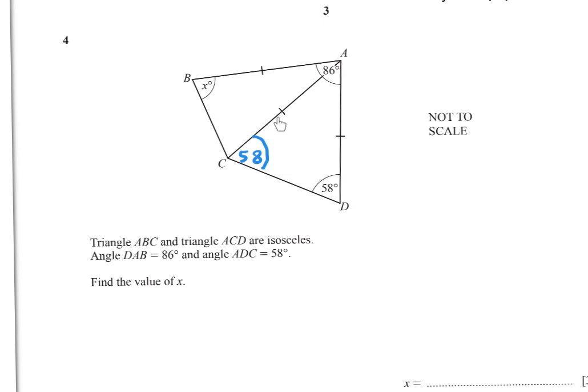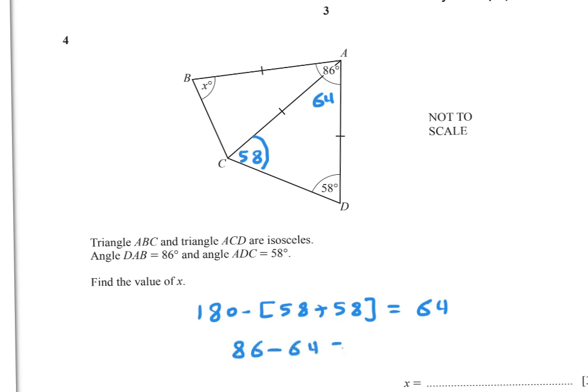Now in this triangle ACD we can find the third angle: 180 minus 58 plus 58 equals 64. Now this angle is 64. But the whole angle is 86, so subtract to find that one. 86 minus 64 equals 22.